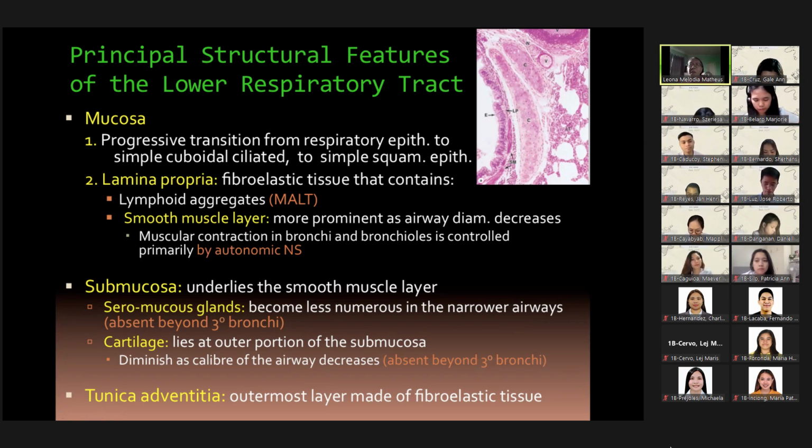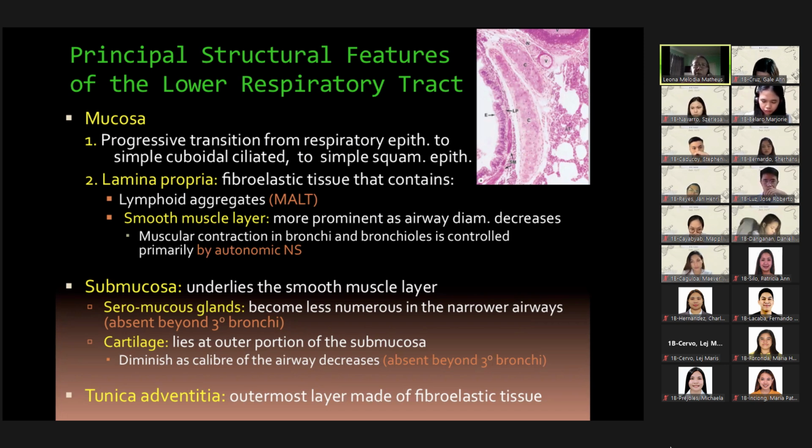Now, again, the mucosa is divided into your epithelium and your lamina propria. For the epithelium, you have a progressive transition from your respiratory epithelium, which is pseudostratified columnar ciliated, to eventually the simplest, which is your simple squamous epithelium.